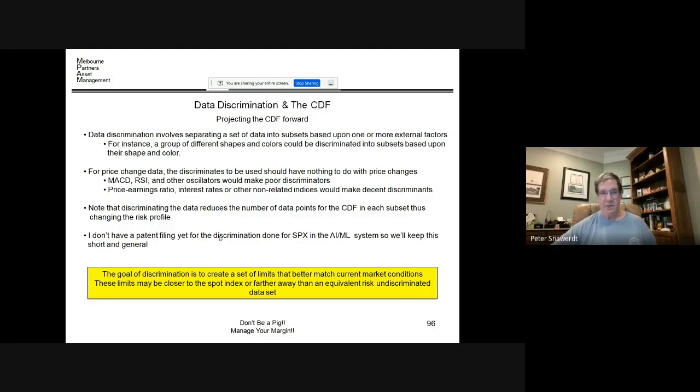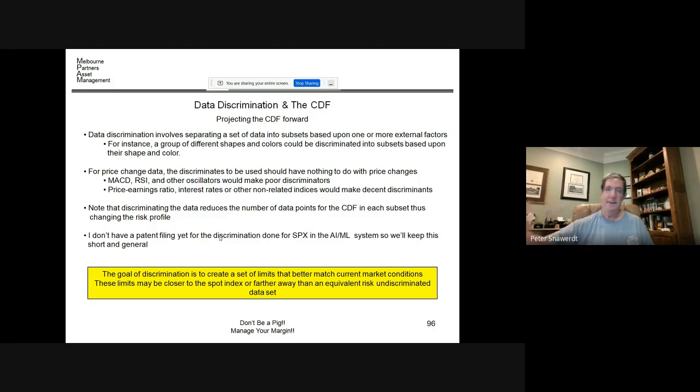That can work, but you need a lot of data history for it, because interest rates shouldn't change very dramatically over very long periods of time. But discriminating the data gives you a new way to look at the information, and usually it provides strike prices that are closer to the money that themselves have never lost. Okay.